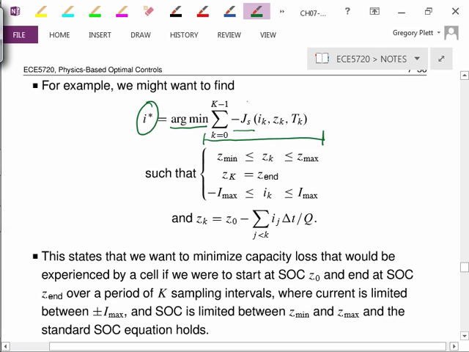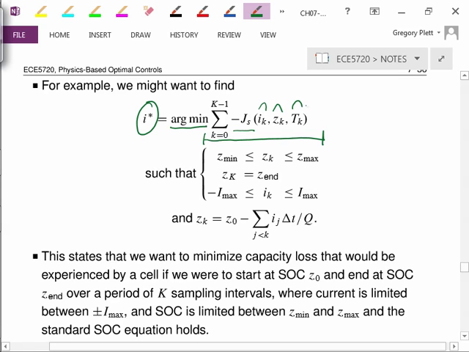Here I'm thinking J_S, is the total lithium loss during that time interval based on that particular index into the I vector, I sub k, and the state of charge at that time and the temperature at that time, for example.